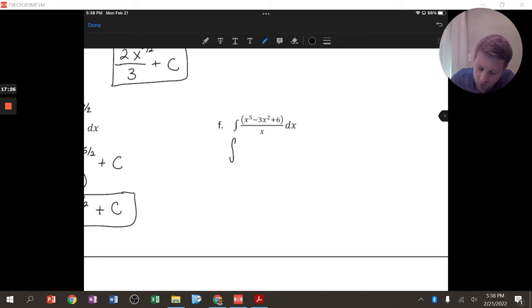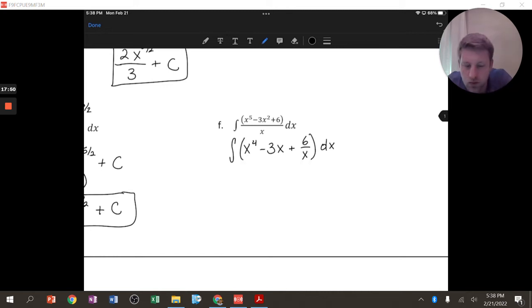So this would be equivalent to the integral of x to the 5th over x, which is x to the 4th, minus, we have 3x squared divided by that x would be a single x left over, and then plus 6 over x. And then we have the dx.